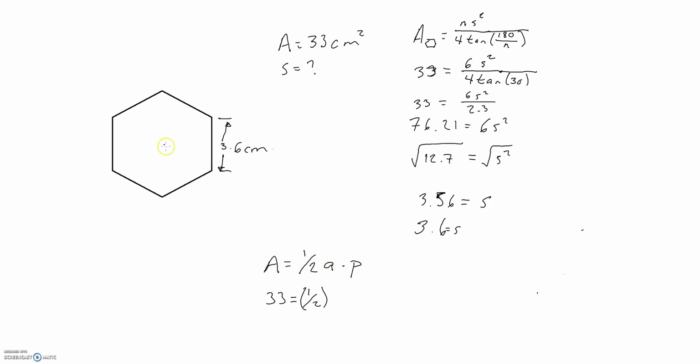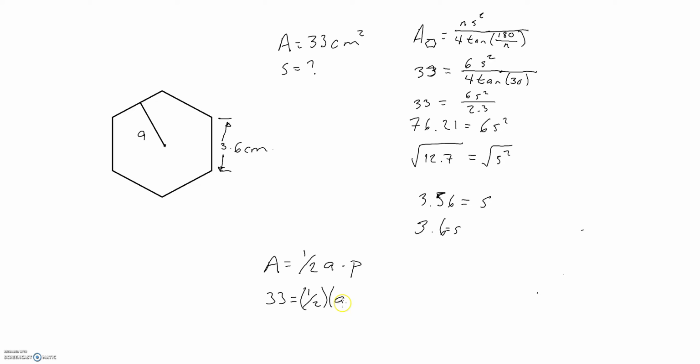Again, the apothem is the distance from this dot out to one of these flat sides here. Man, it is really difficult to make straight lines with this. Here, let me use the line tool. There. That distance is A. It's the apothem.